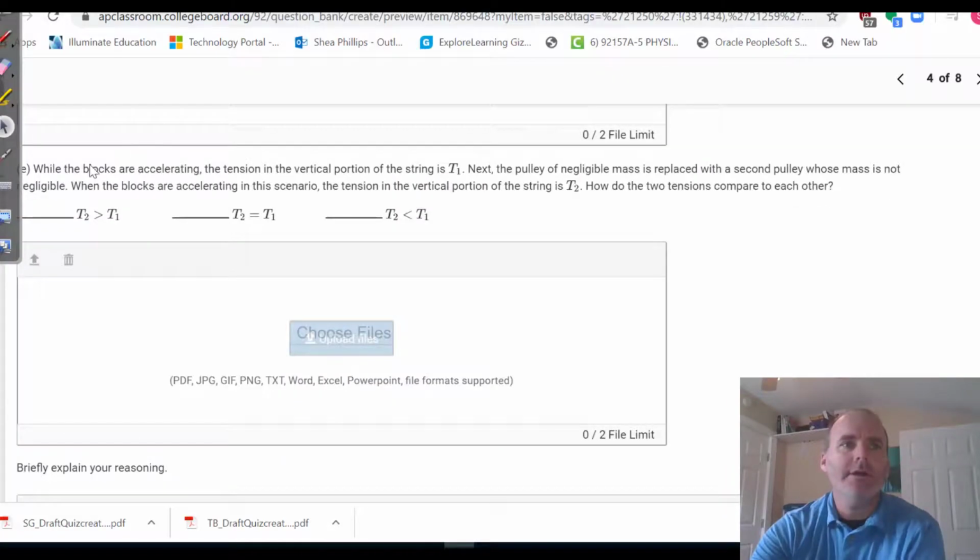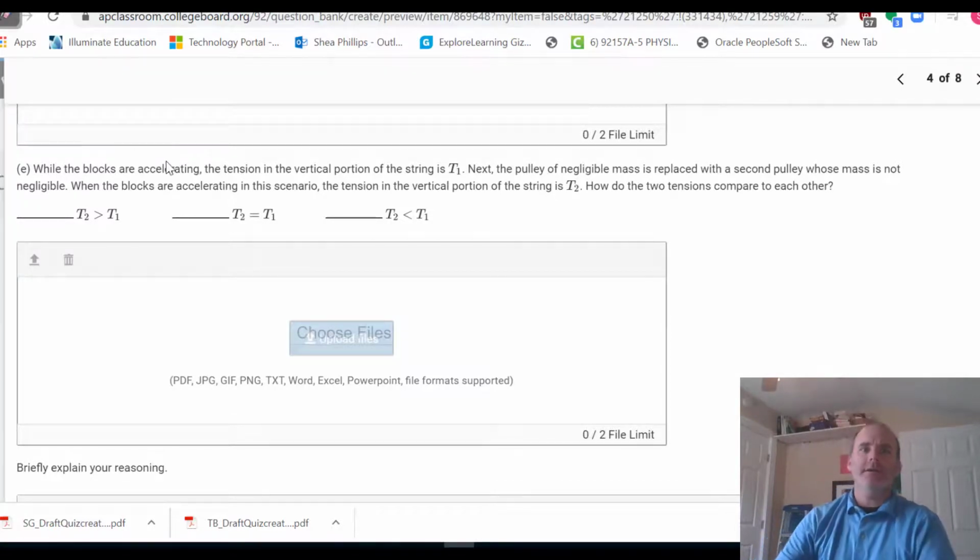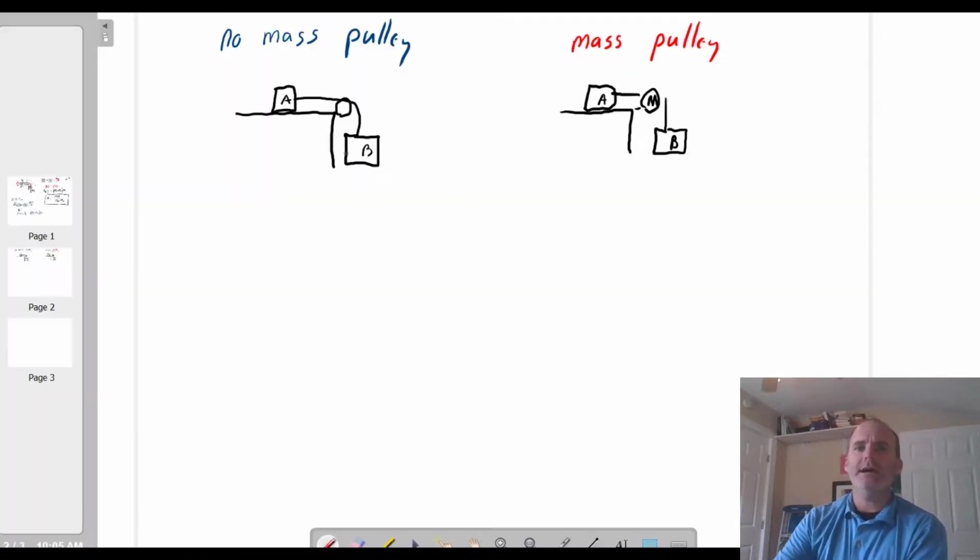Okay, let's look at this next part here, part E. So now let's say that we have the scenario where it's all set up, and it says that the tension in the vertical portion of the string is T1, and we switch it. So now the pulley actually has a mass.